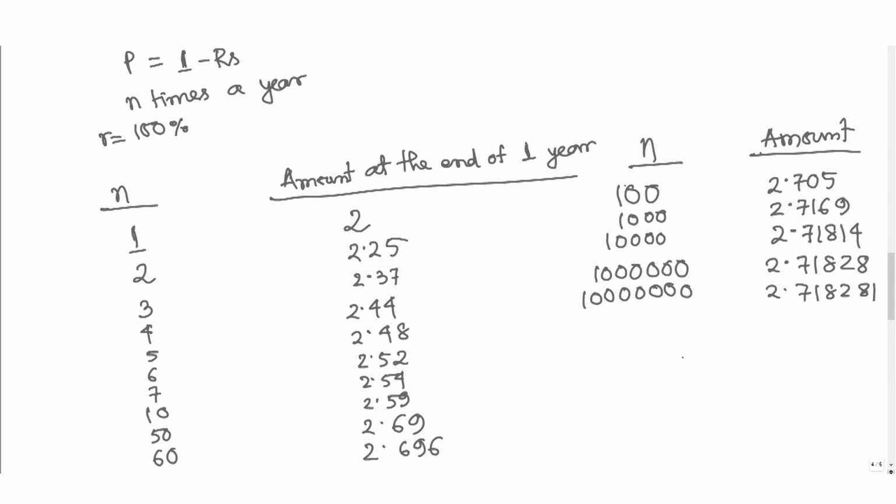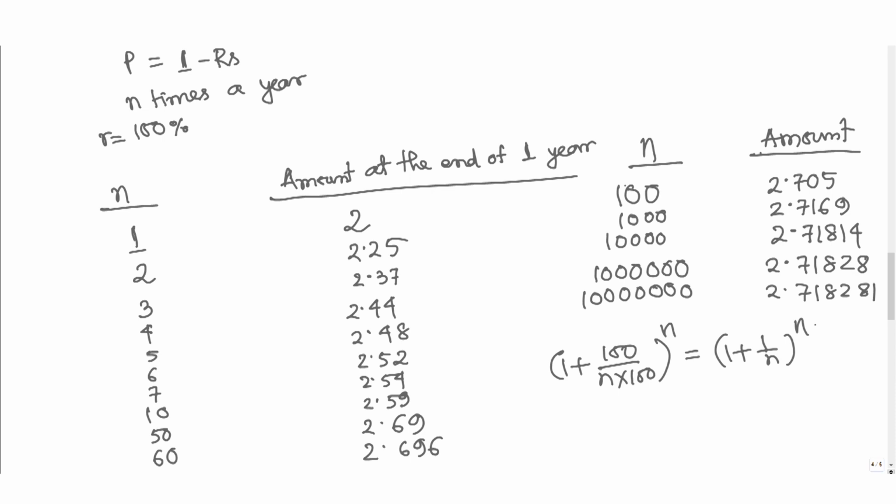The total amount at the end of the year keeps increasing as n increases, but it is definitely bounded. Can you tell me what is the total amount? The total amount is exactly 1 plus 100 by n into 100, power n, which is nothing but 1 plus 1 by n, power n, at the end of 1 year.